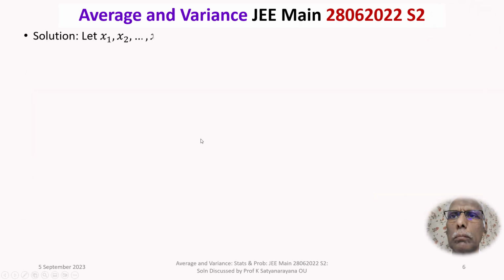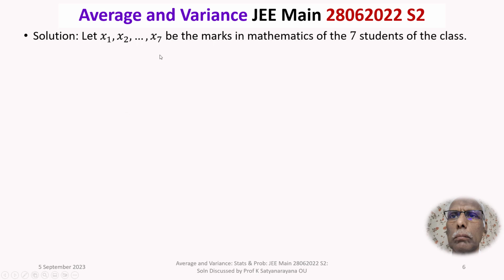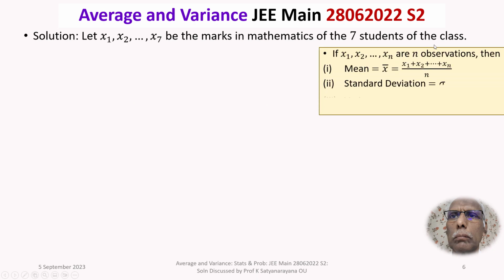We now discuss the solution of the problem in detail. Let x1, x2, ..., x7 be the marks in the subject mathematics of the 7 students of a class. Let's now recall the definitions of mean and variance.